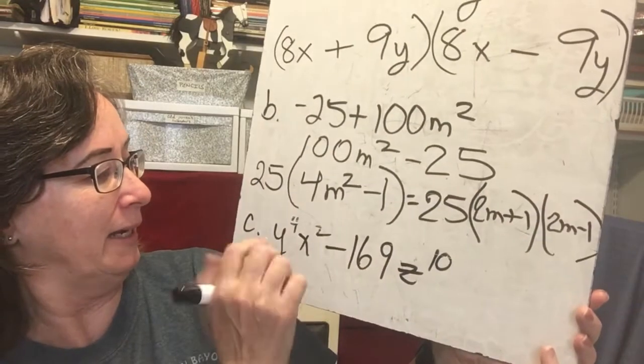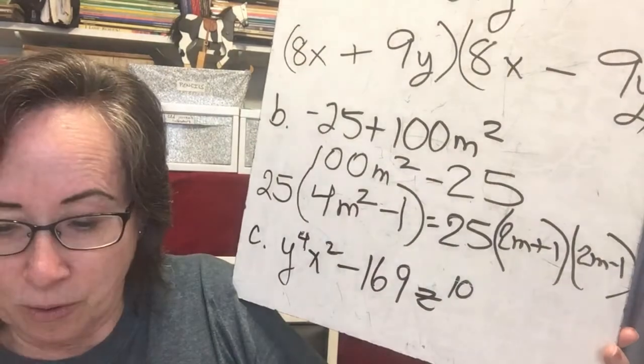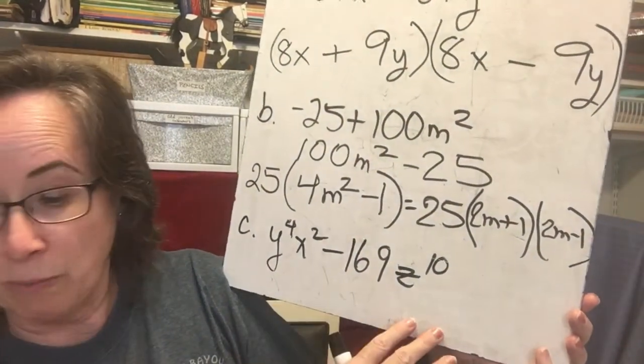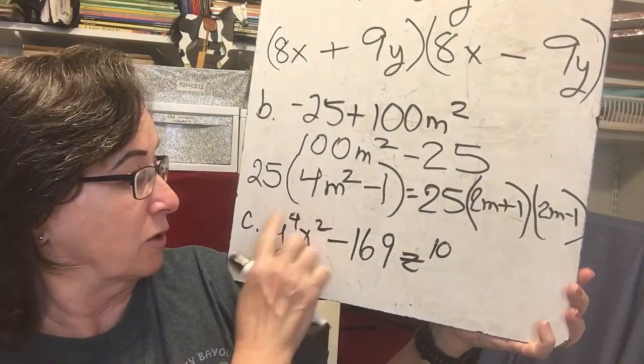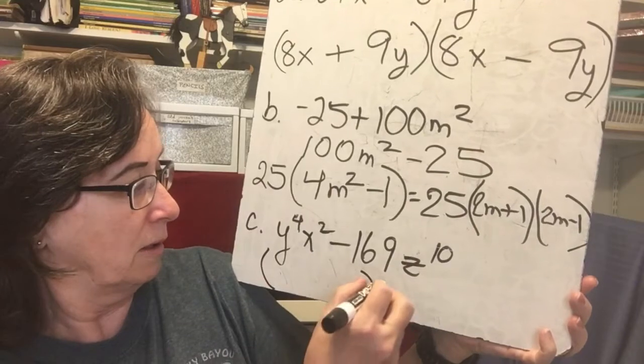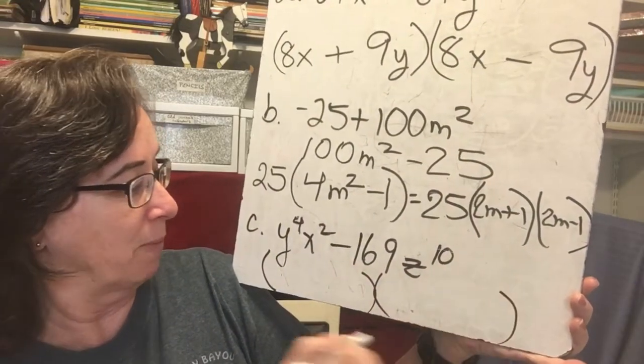All right, so here, I think I messed that one up. Okay, so it is correct now. Okay, so it is in the right order. So we're going to take the square root of y to the 4th, x to the 2. And notice that there is no common factor. I'm not going to get bitten by that one again.